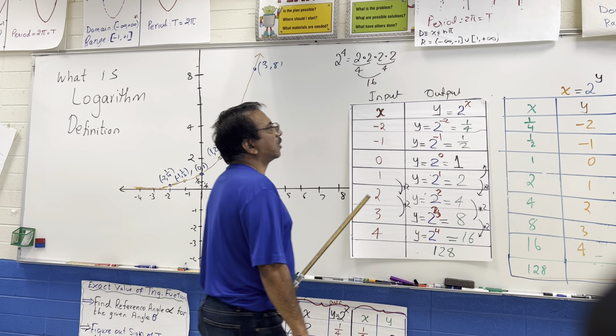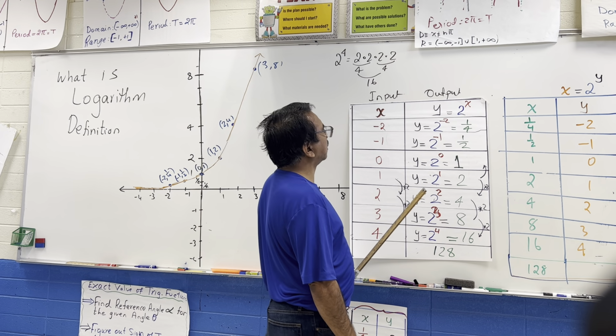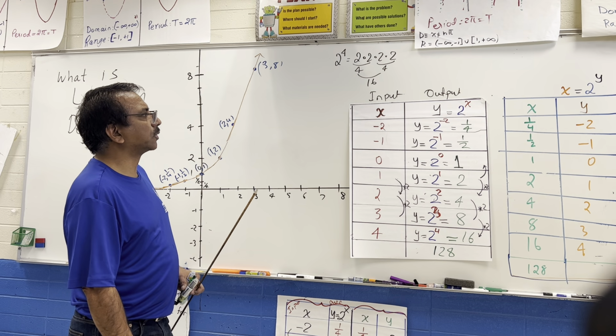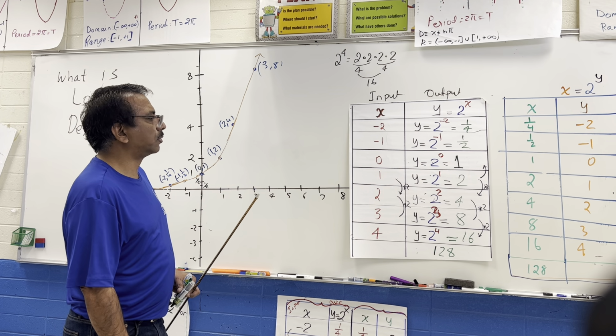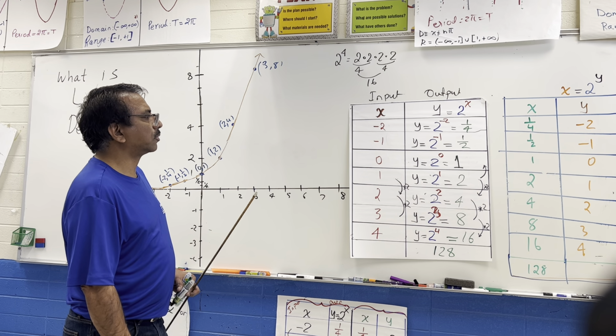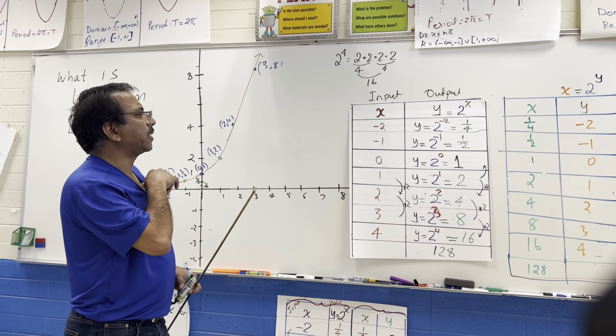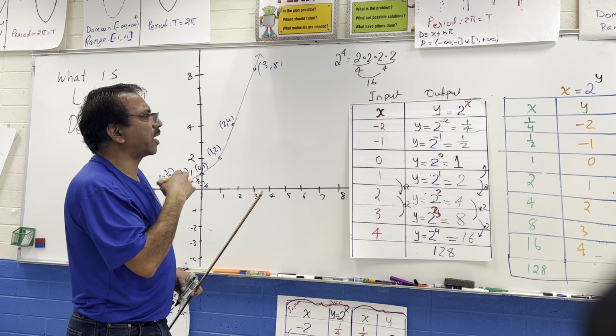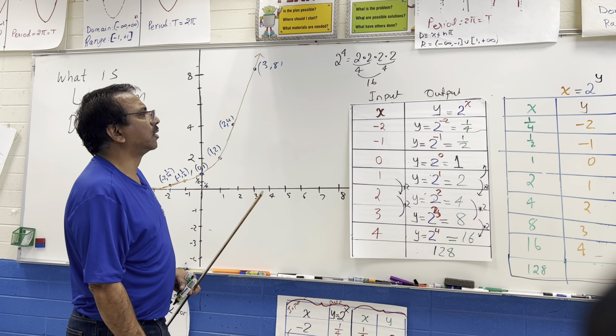Okay, so X. I think I messed up the colors. Yeah, the output is the black and the input is the red. I made it like an orange there.